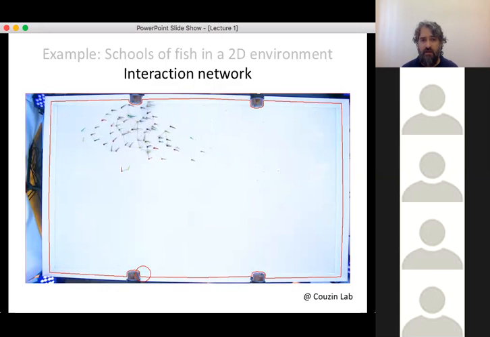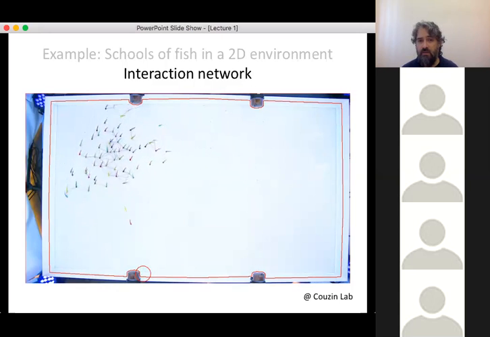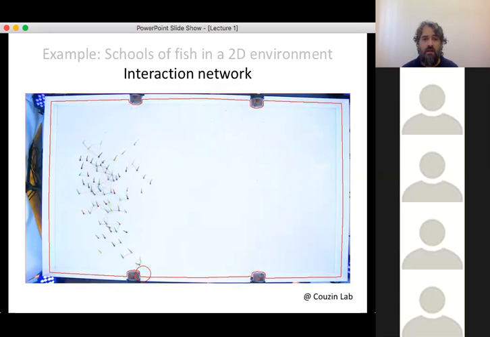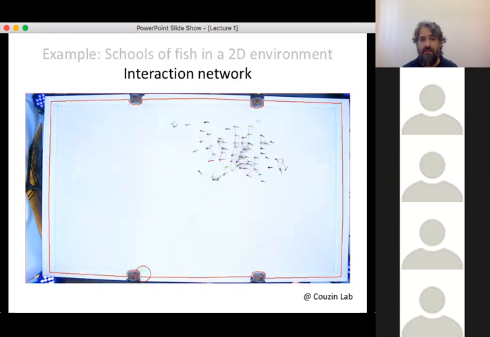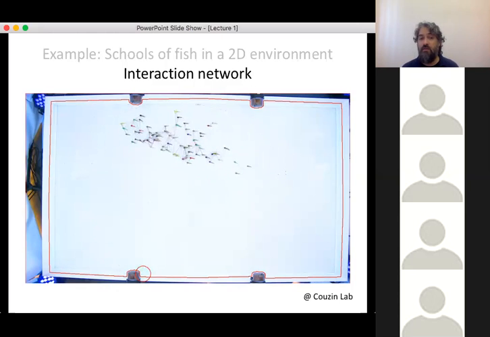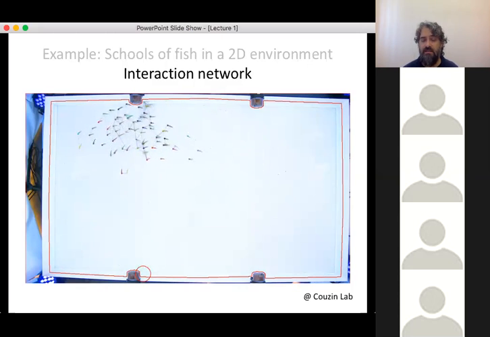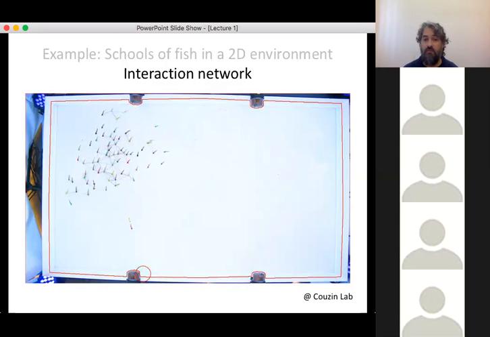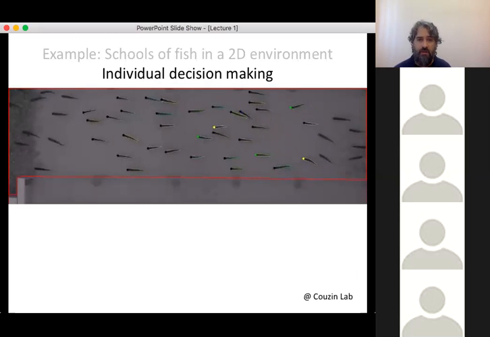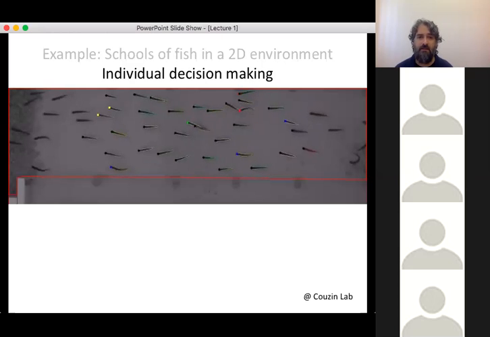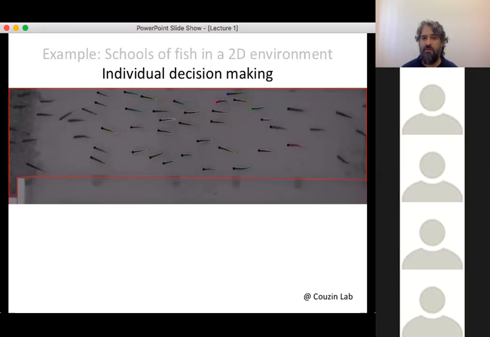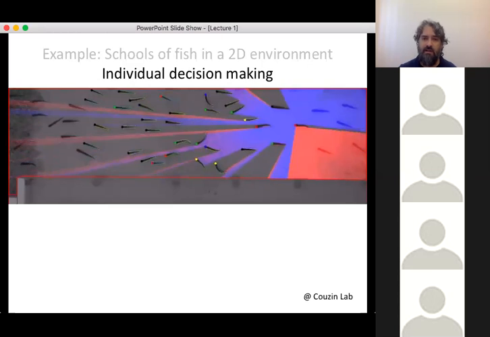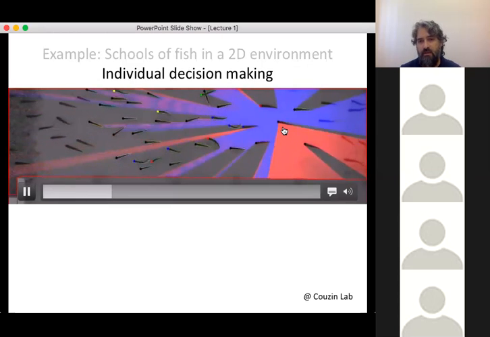And this graph has fishes that are connected when they see each other, essentially. And this permits you then to use all the tools of graph theory in order to analyze this swarm of fishes. Another example here is to try to understand how the fishes make decisions on an individual level. So in this case, basically what they did is the following.